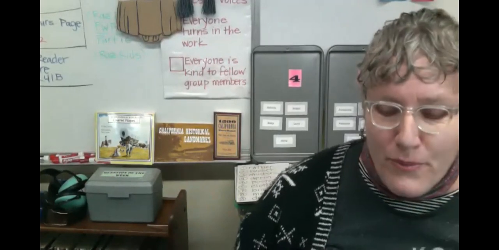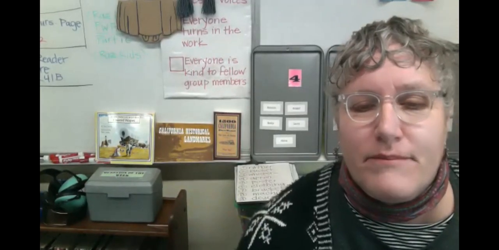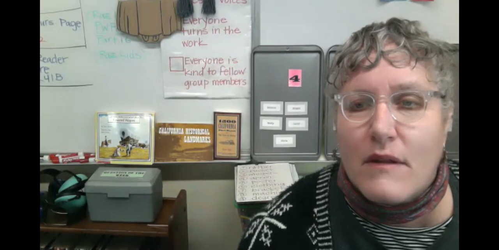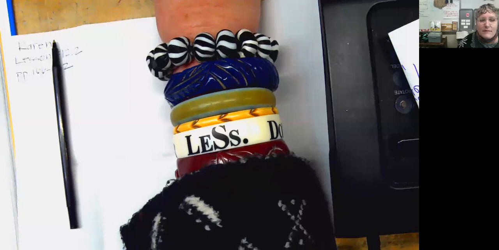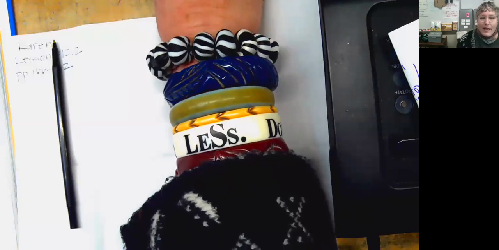All right, so I'm going to go ahead and share my screen. And we're going to look at, today we're doing lesson 12.2, and we're doing pages 166 through 172, okay?